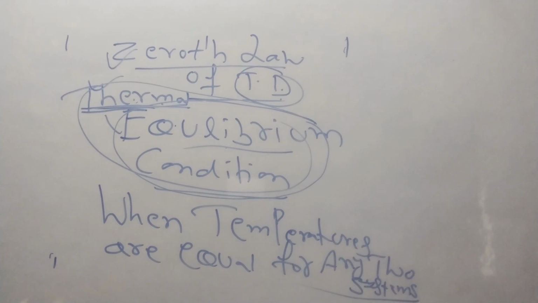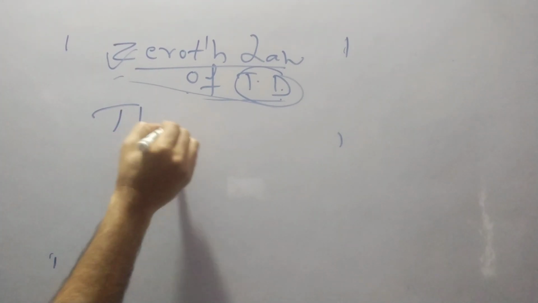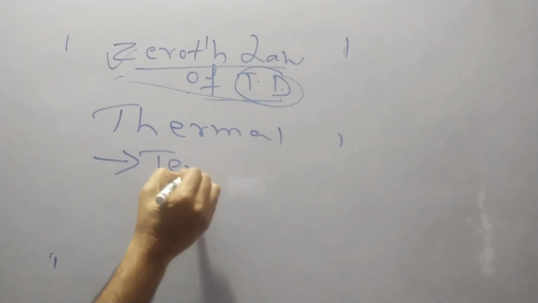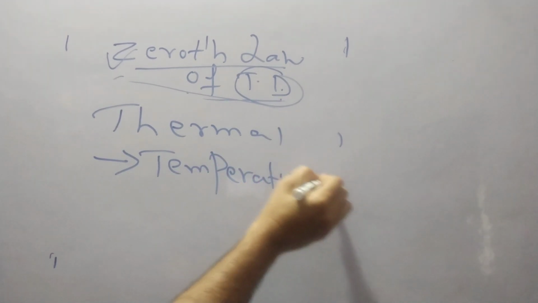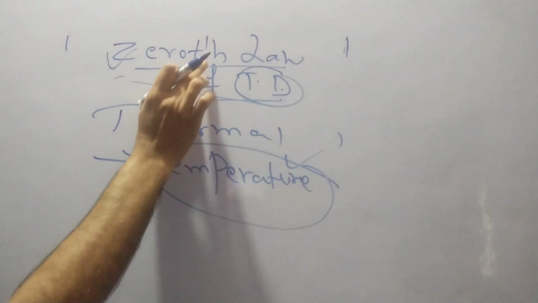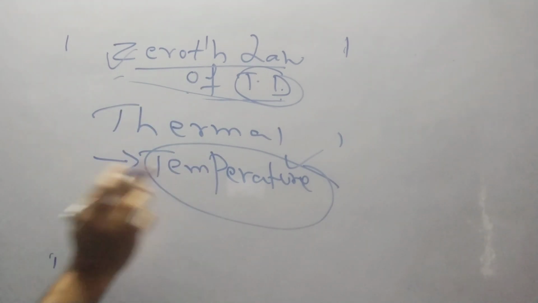That is the basis behind this zeroth law. To define the zeroth law, we have used the thermal equilibrium condition. Thermal means temperature. So this is the important parameter in the zeroth law of thermodynamics. The zeroth law of thermodynamics defines the temperature. That is the important point here.